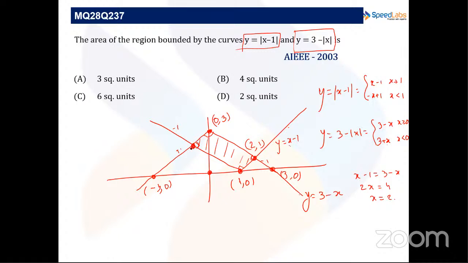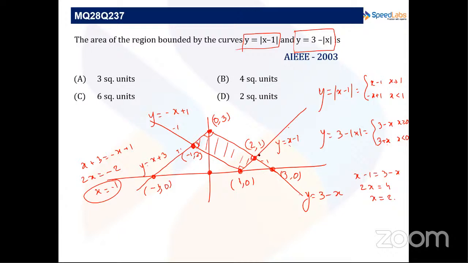Similarly, for this point, the equation in here was y equals to minus x plus 1, and this equation was y equals to x plus 3. Equating this, x plus 3 equals to minus x plus 1, so 2x will be equals to minus 2, x will be equals to minus 1. So this point is x equals to minus 1 and y equals to 2.